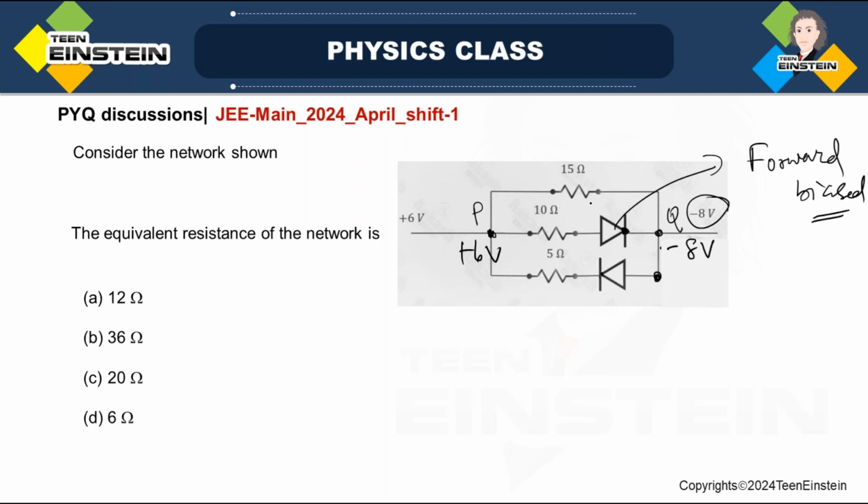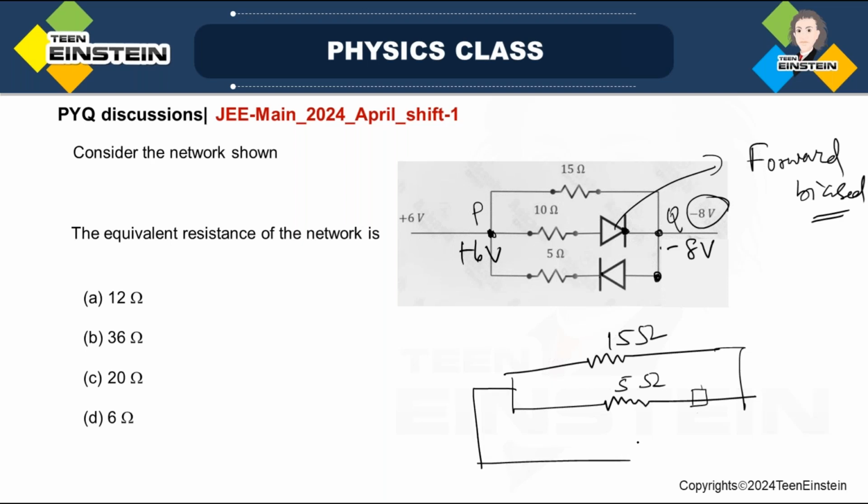For an ideal diode, when a diode is conducting, the resistance is taken to be 0. So now you effectively have this circuit. This is 15 ohm, and you have another part with 5 ohm, and for an ideal diode the resistance will be 0. That's why I'm not keeping the diode here.